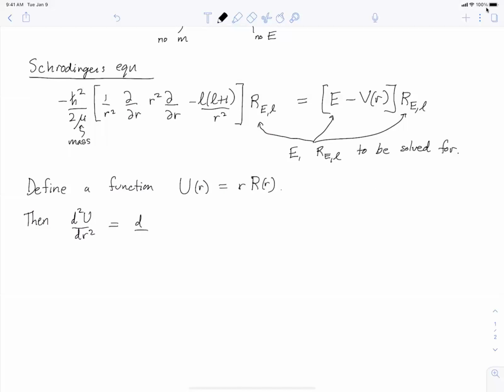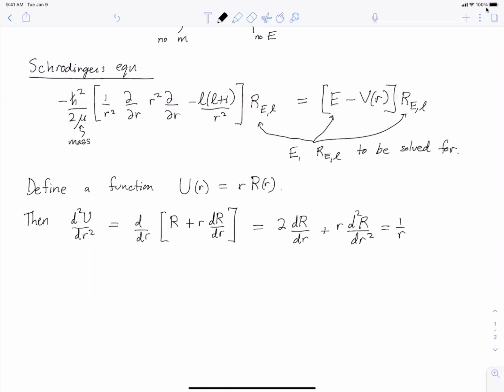By the product rule, that's d by dr acting on capital R plus little r times the first derivative of big R. And then we do it again, and we get 2 times the first derivative of big R plus little r times the second derivative of big R, which we can rewrite as something that looks suspiciously like the thing appearing in Schrodinger's equation, namely 1 over r d by dr of r squared times the derivative with respect to r.